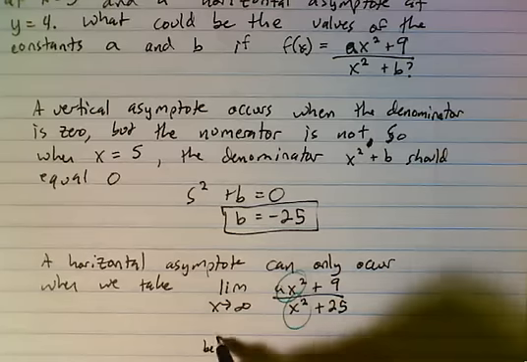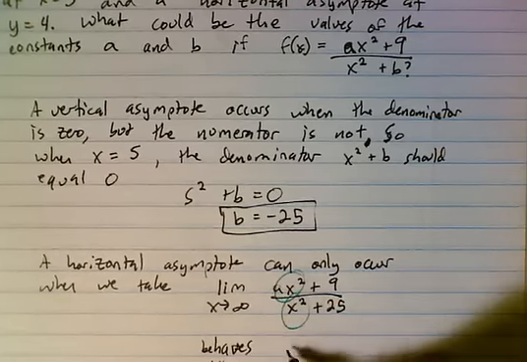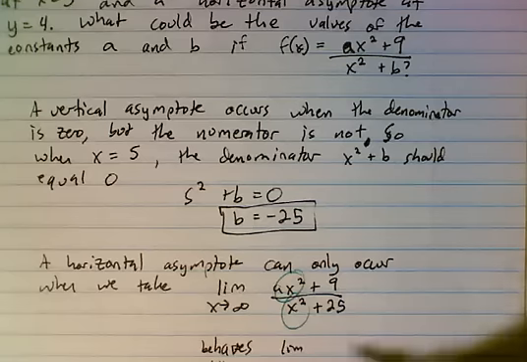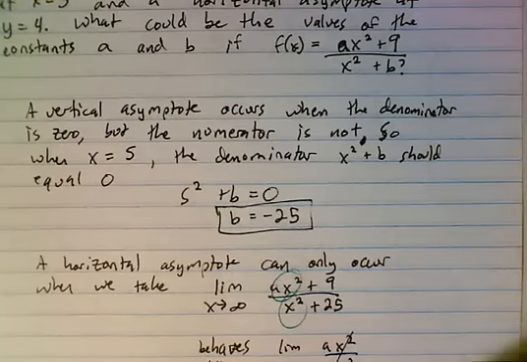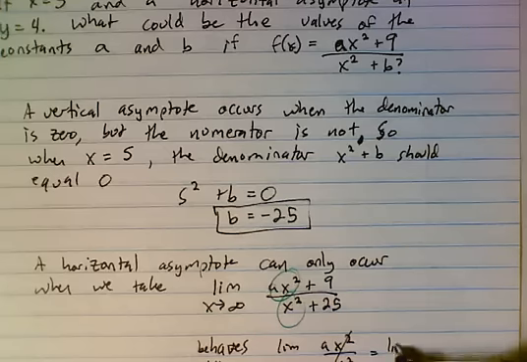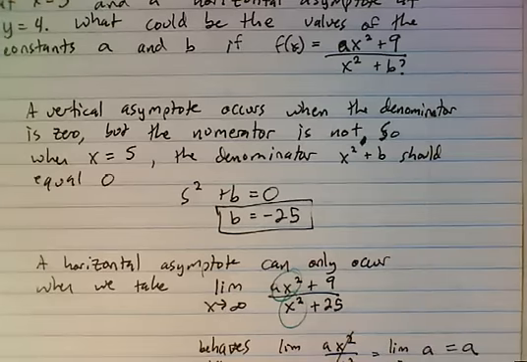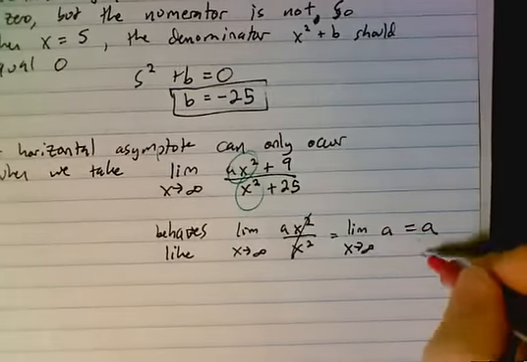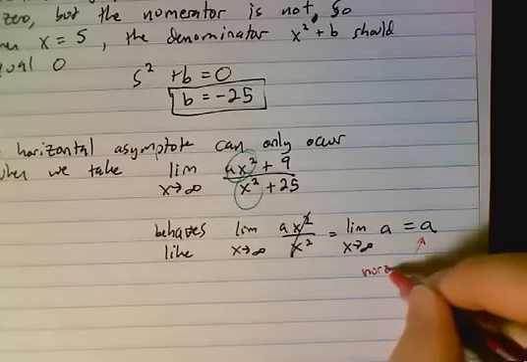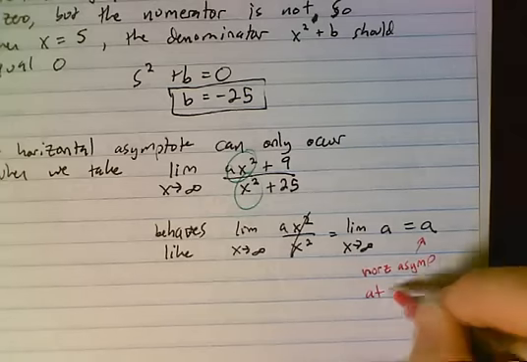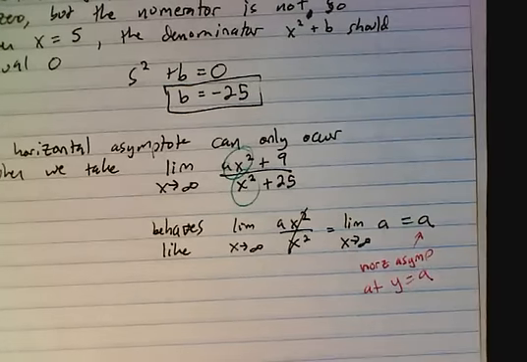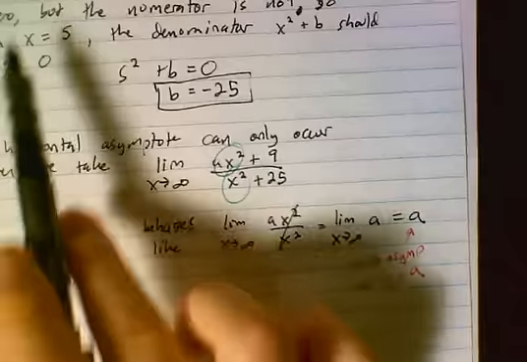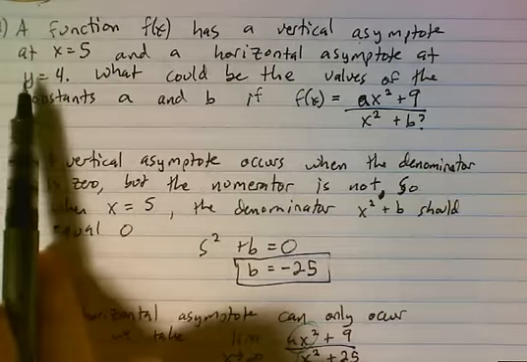So this is going to behave like the limit as x approaches infinity of ax squared over x squared. Those cancel out. So that means that we have a horizontal asymptote at y equals a. The problem tells us that we have a horizontal asymptote at y equals 4. So if y equals 4 and y equals a, then a must equal 4.